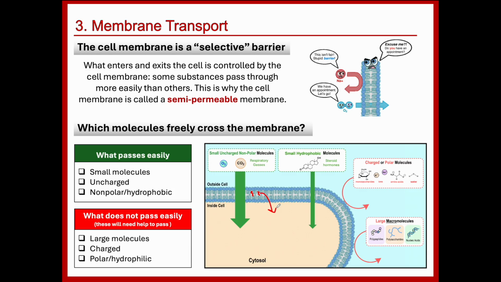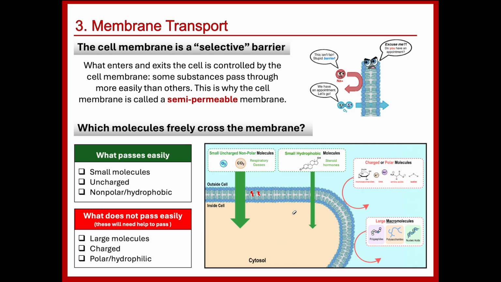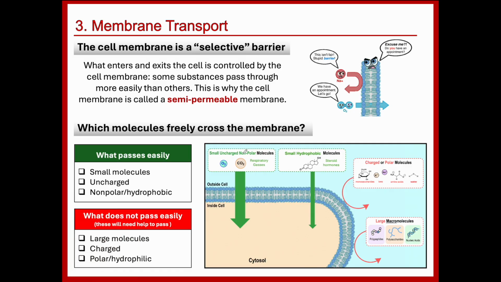Remember these tails, if I looked at them, they're full of these CH bonds. And remember that CH is non-polar because C pulls the same amount as H. They're practically twins, right? So in this case, with O2 and CO2, all I need you to know is that these molecules can penetrate through very easily. These respiratory gases could pass by easily.